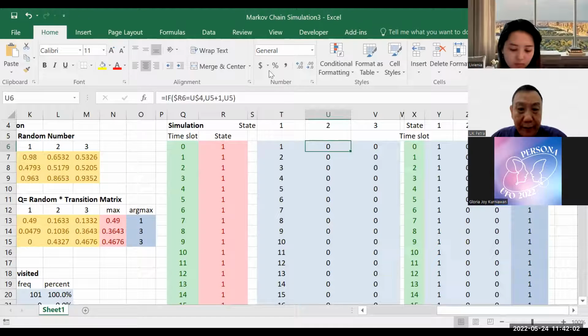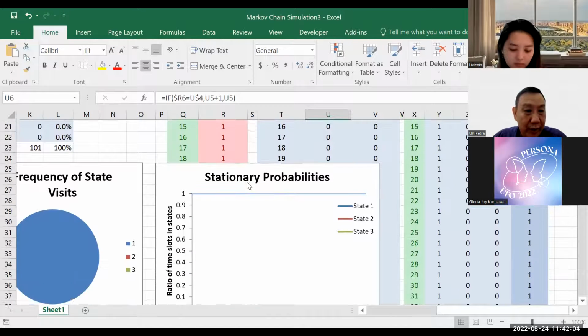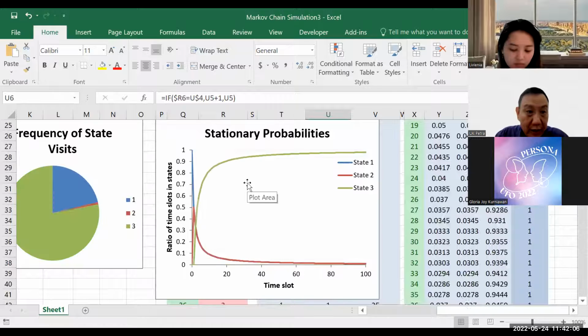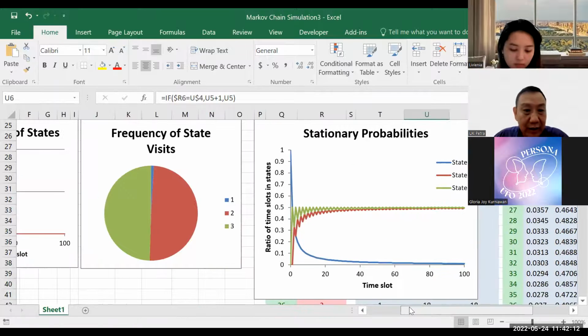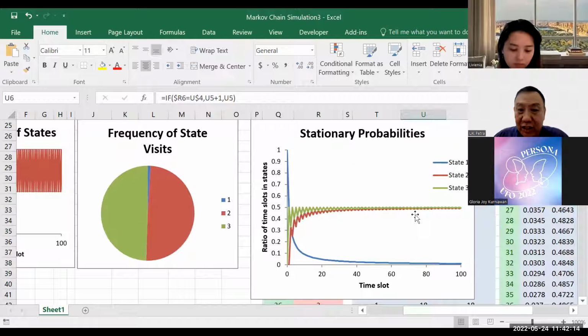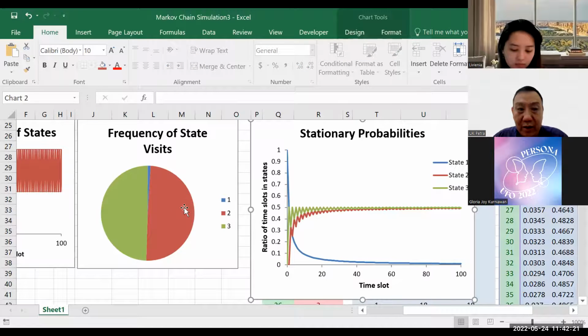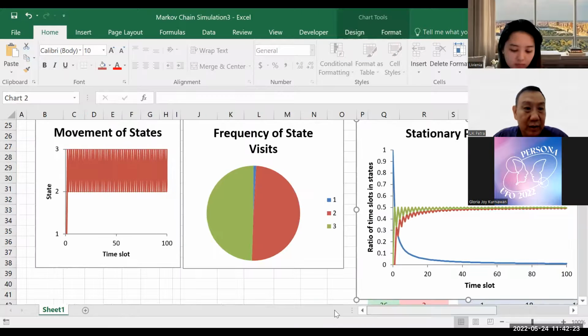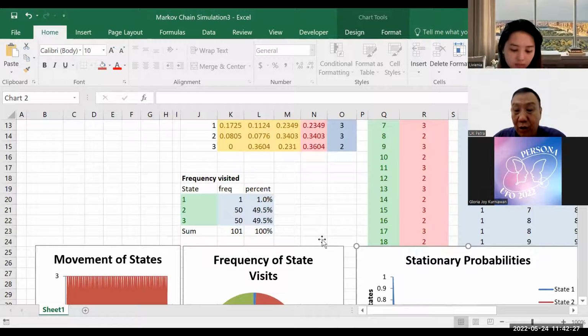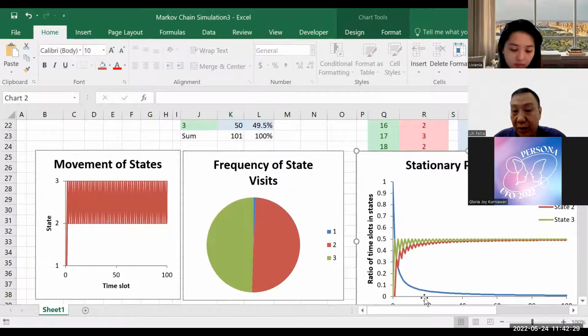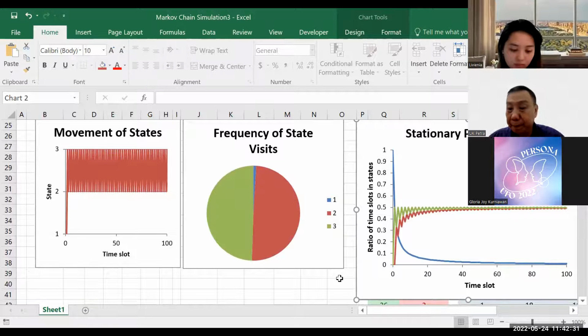Eventually you can get how many times it visits each state, and then the stationary probability. So this is the long-term behavior over this transition matrix. If you use simulation, you can also calculate the long-term behavior of the Markov chain.